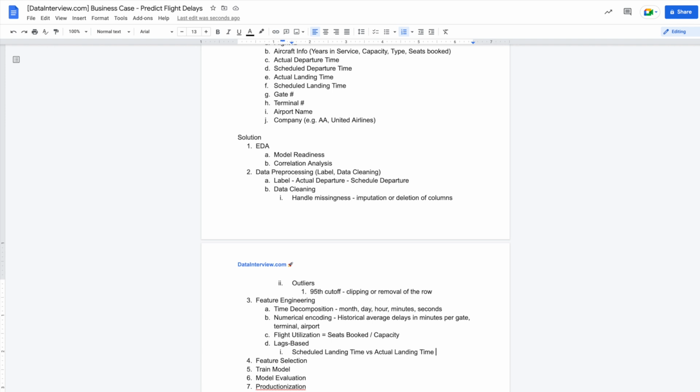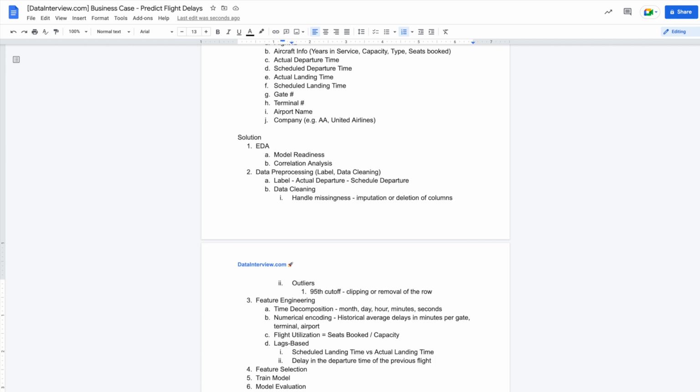And if there's a delay in the landing time of a flight, then I would imagine that is going to carry over to the departure time before the plane is about to take off again. And the other type of lag-based feature could be the delay in the departure time of the previous flight. So as I mentioned earlier, when it comes to flights, there are all these different stages, and if there's a delay at any point of that stage, then it will carry over from one stage to the next and onward.